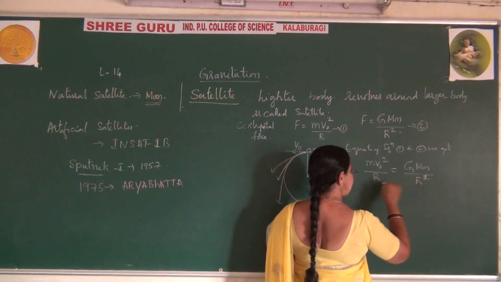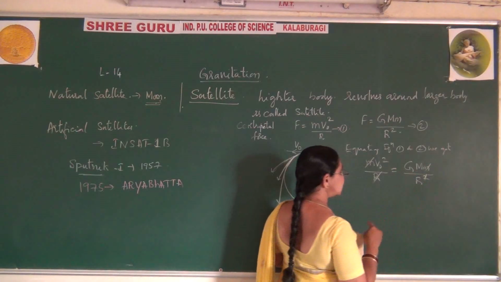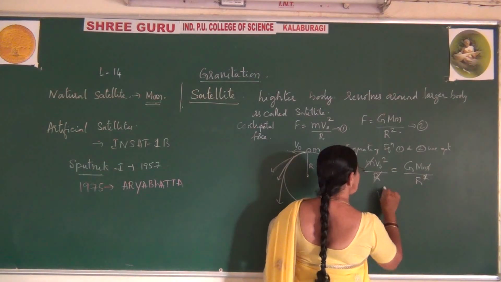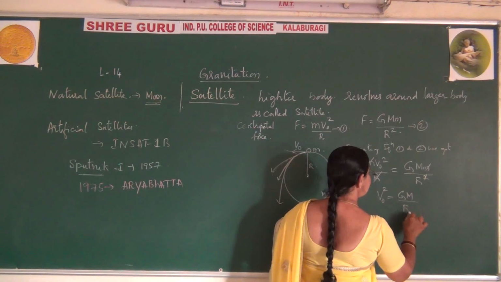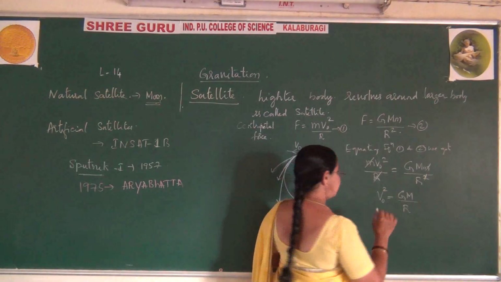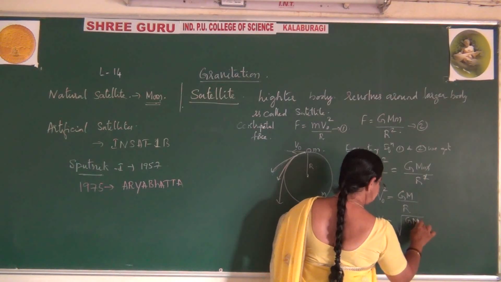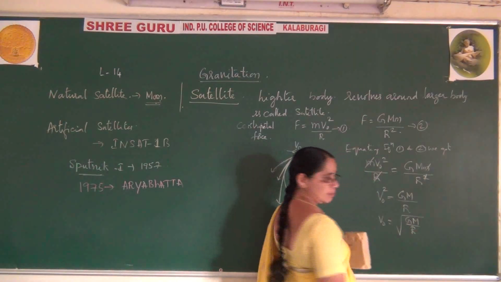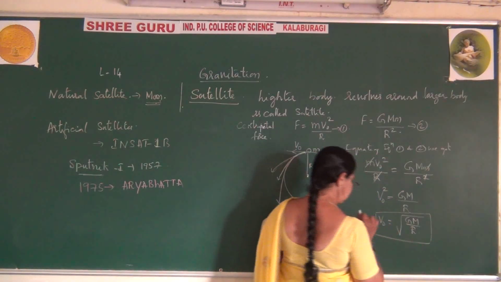Since one r and one r get cancelled, and the small m gets cancelled, you get v0 square is equal to G M divided by r. So v0 is root of GM by r. This is one expression we have here.